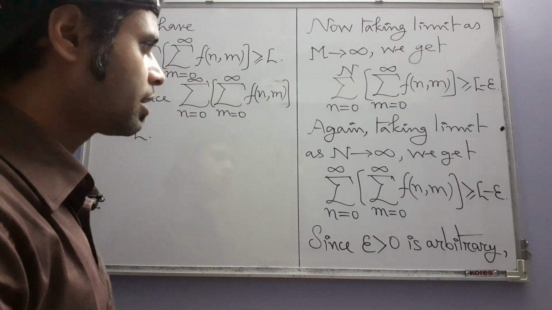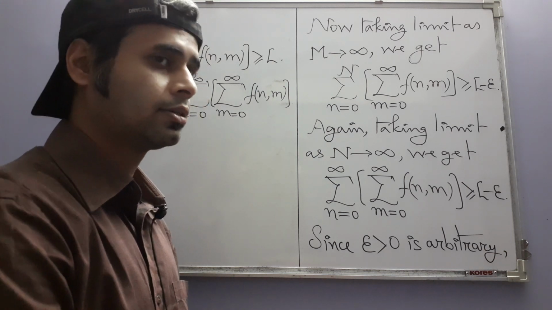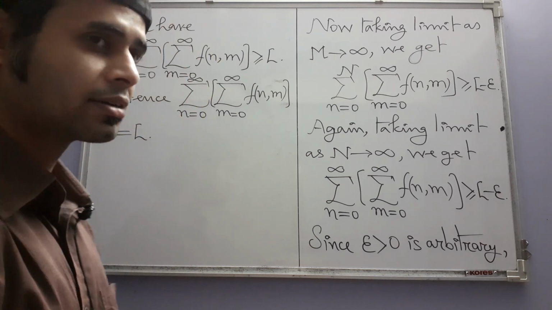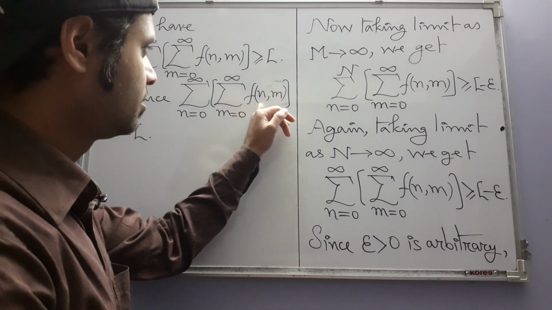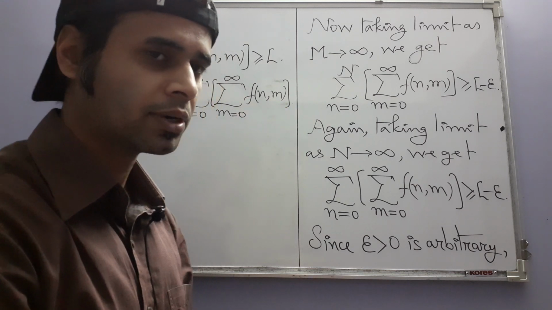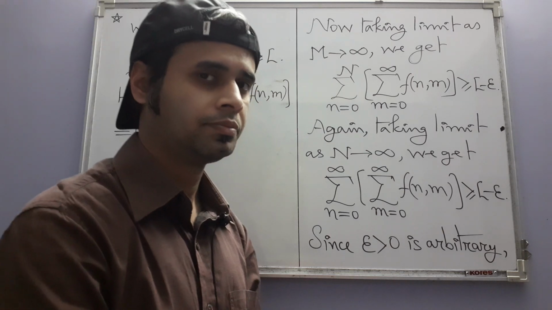So it seems like we have completed the proof of the first equality, but do not forget that we are still under the restriction that these f_{n,m} are non-negative real numbers. But in general that is not necessary.